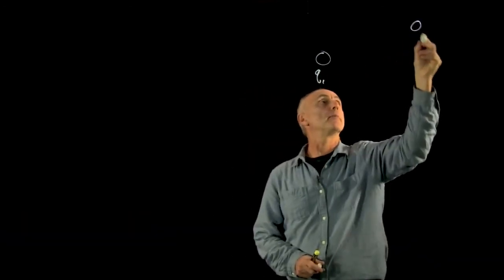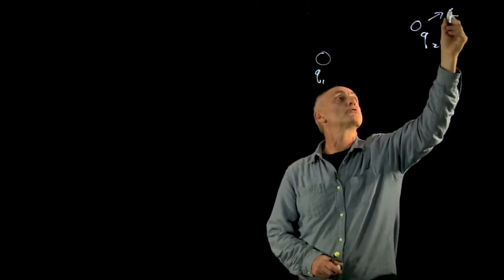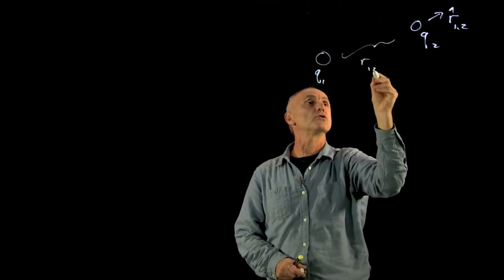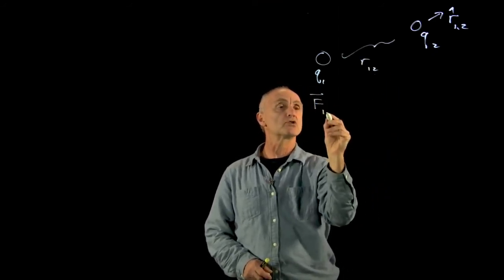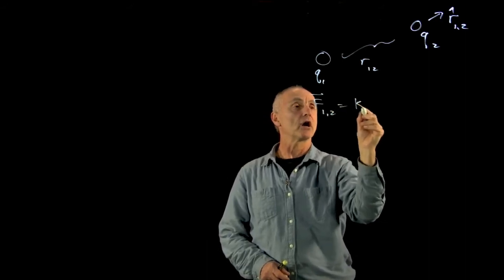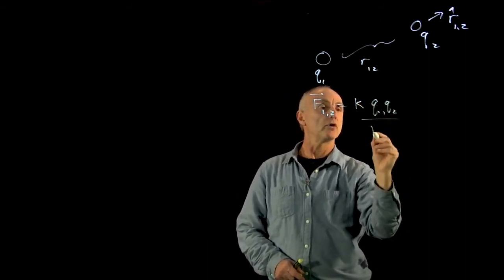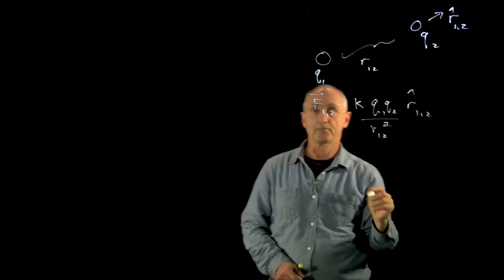One of the interesting things about Coulomb's law is its analogy to gravitation. So suppose we have two objects, q1 and q2, and we introduce the unit vector r hat 1,2 and our distance r1,2 between these two objects. And the force on object 2 was a constant k q1 q2 over r1,2 squared, times r hat 1,2.